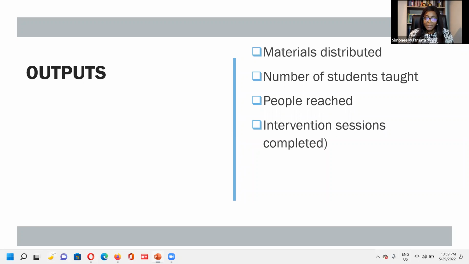Outputs, what do we get out of that? Using the same example, here material has been distributed. In inputs, that would be material has been developed. And then also the number of students taught, the number of teachers trained, that's an output. And then also the number of people reached in the project, in this case the number of learners reached, or if it's youth development, the number of young people reached with whatever you are implementing.